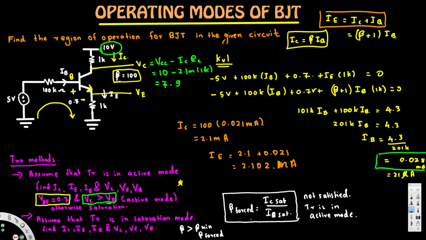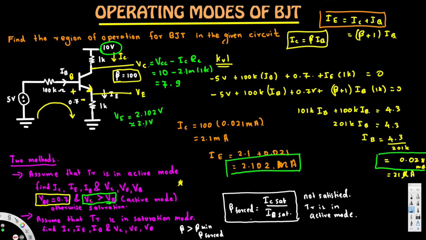So if we calculate VE, we can find VB from that. Now VE is what? IE times 1K. IE, we calculated that one to be 2.102 milliampere. So 2.102 times 1K, that's going to give us VE. So VE is going to be 2.102 voltage. Approximately we can say 2.1 voltage.